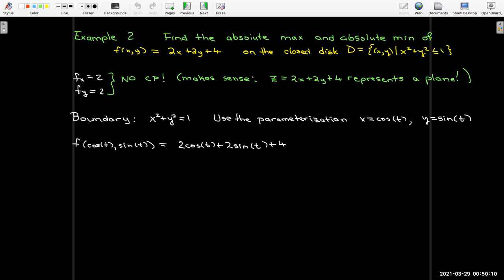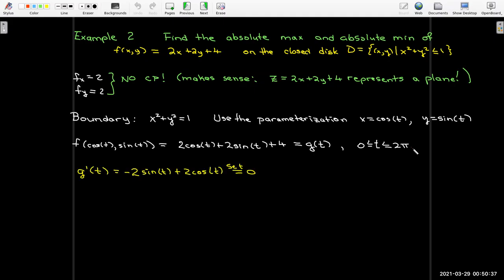So now if I go back to the equation of the plane and I replace x with cosine of t and y with sine of t, I get a function which only has one variable t. And what does t range from? Well, I go around the circle once, so t goes from 0 to 2 pi.